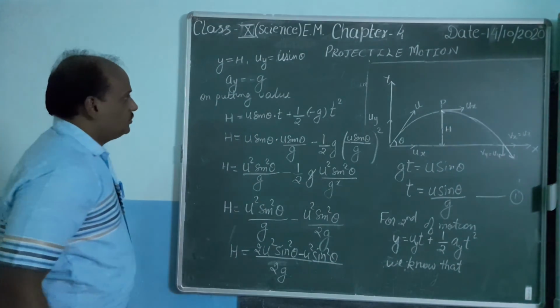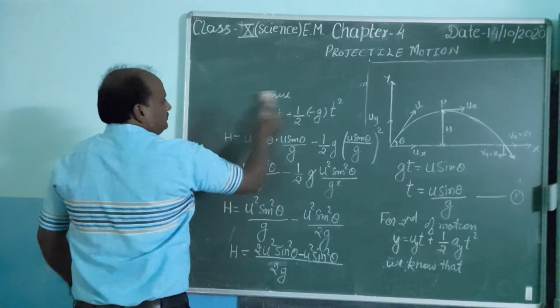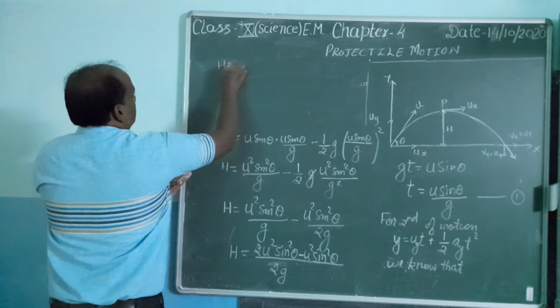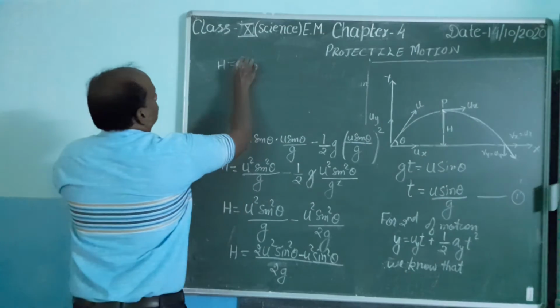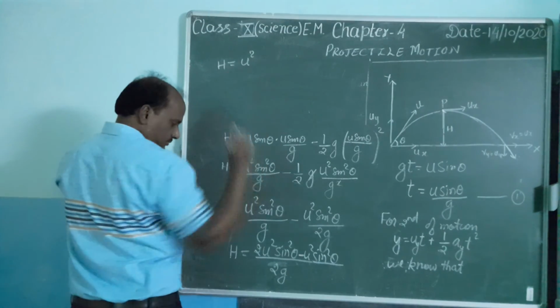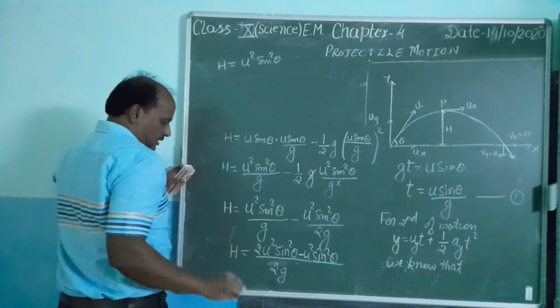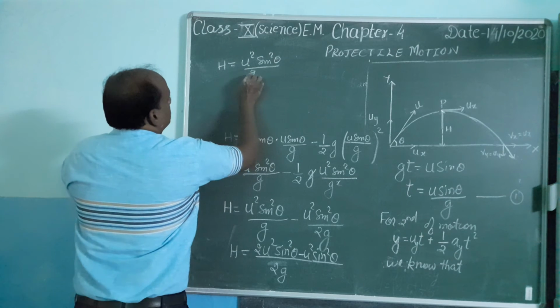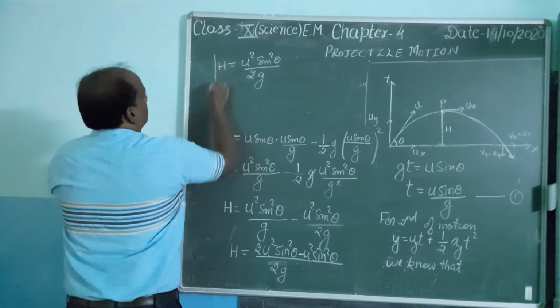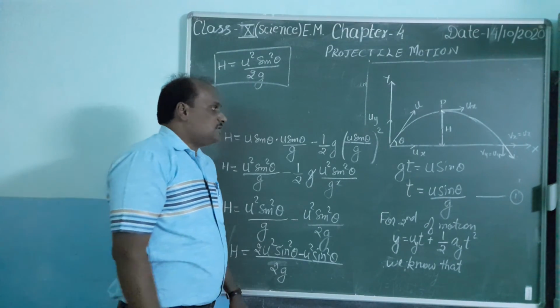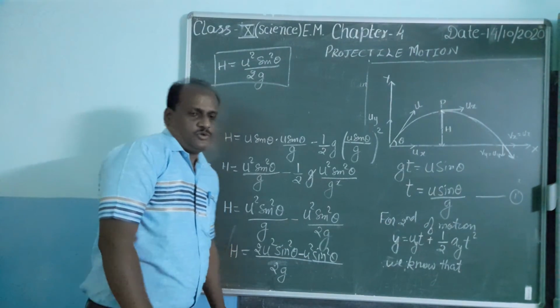So you will get h equals u square sin square theta on 2g. This is the expression for the maximum height of the projectile.